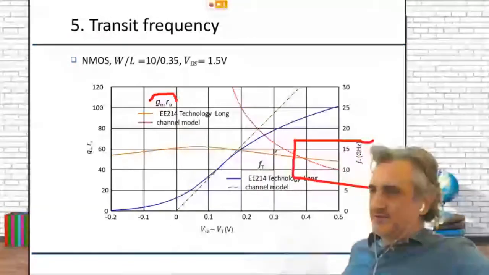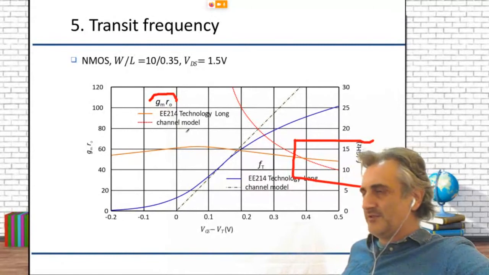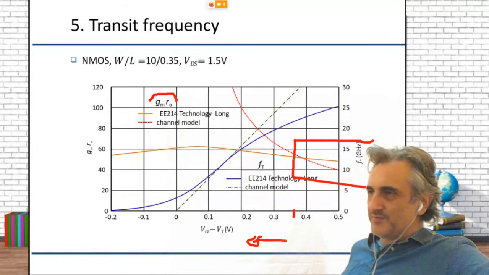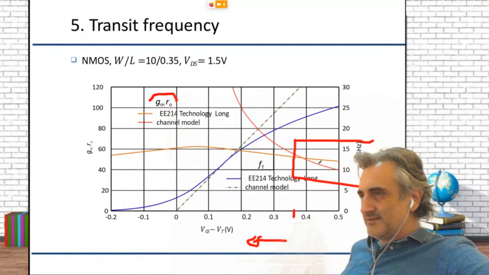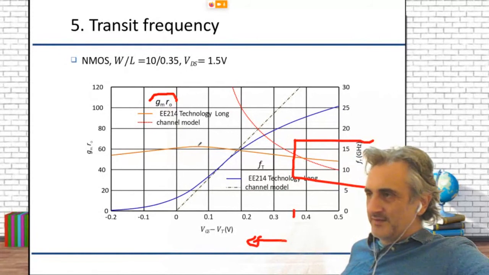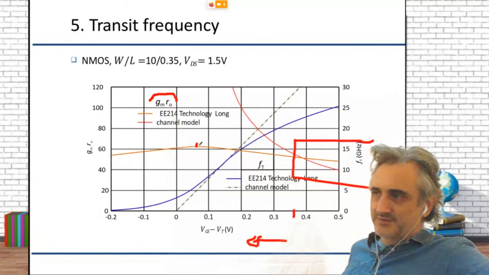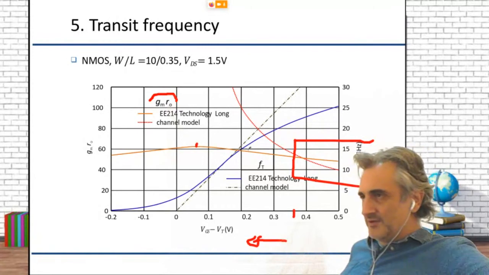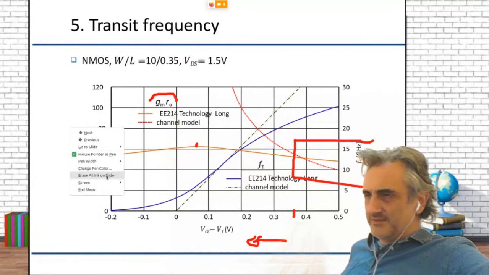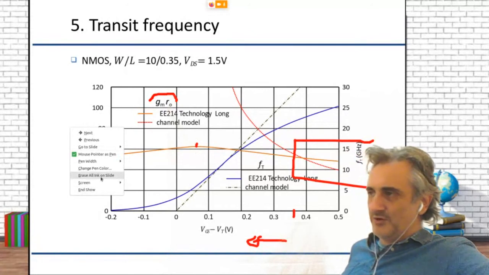But once we go below threshold, that means in the weak inversion region, notice that the model predicts a very high gain, but actually we get a gain that increases but also has a maximum, around 60 something. So the model and the reality are different, obviously.